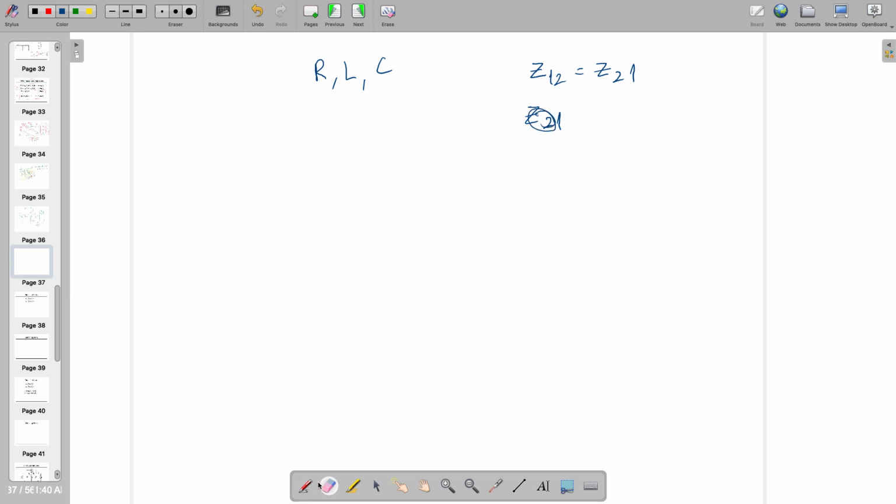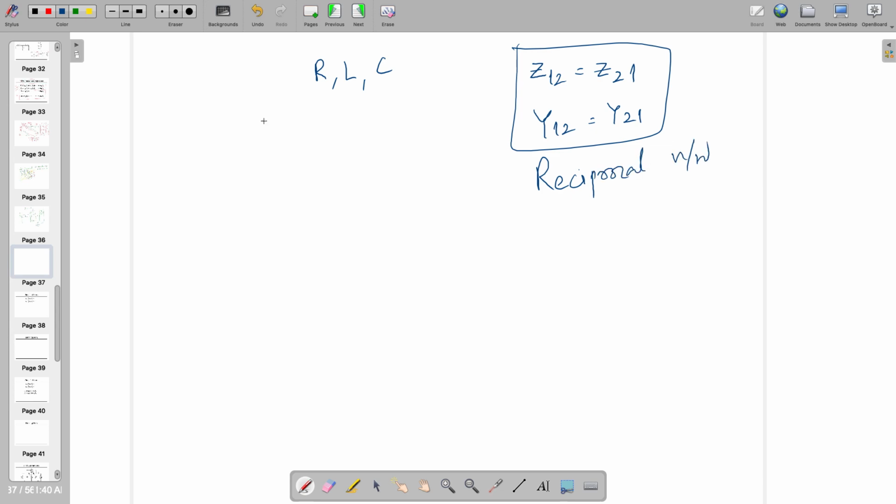Or Y12 is equal to Y21. So if this is happening, it's actually a reciprocal circuit. All the networks are reciprocal networks. And if Z11 equals Z22, we are going to call that network a symmetric network.